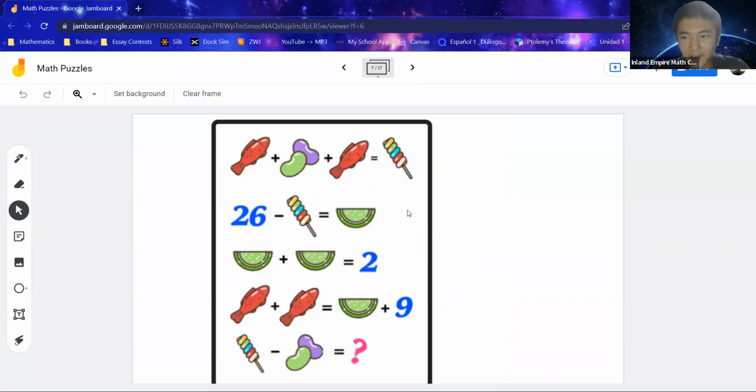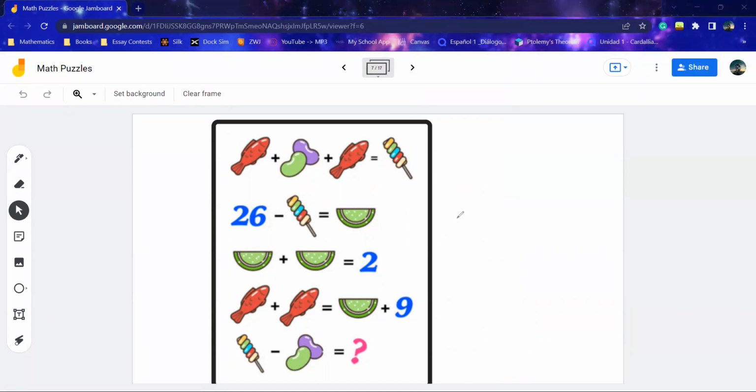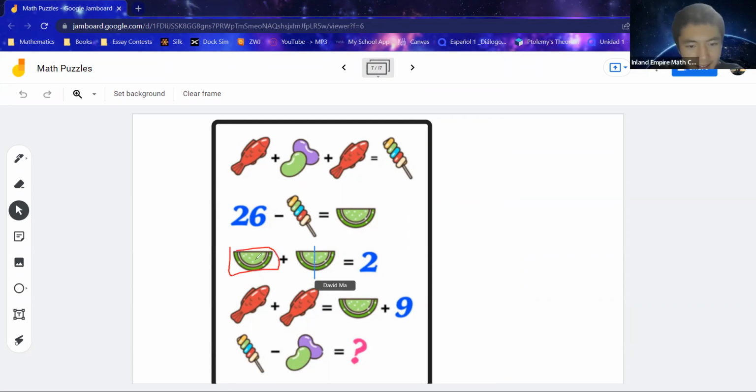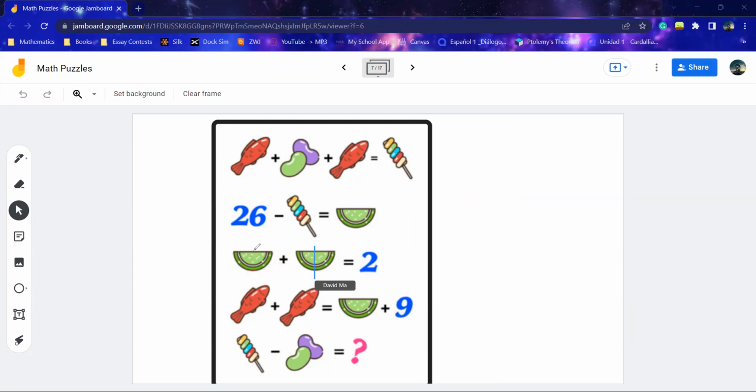All right, we have a puzzle that is a little trickier. Does anyone want to volunteer? Wait, so the candy watermelon is 1, right? Yes, that is correct. It is indeed 1.